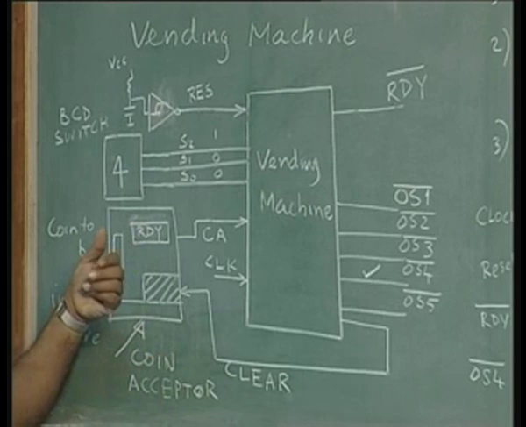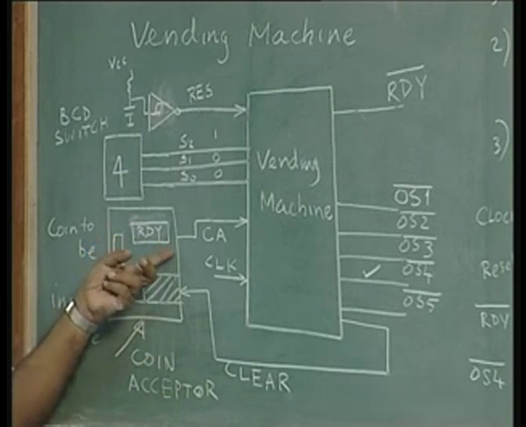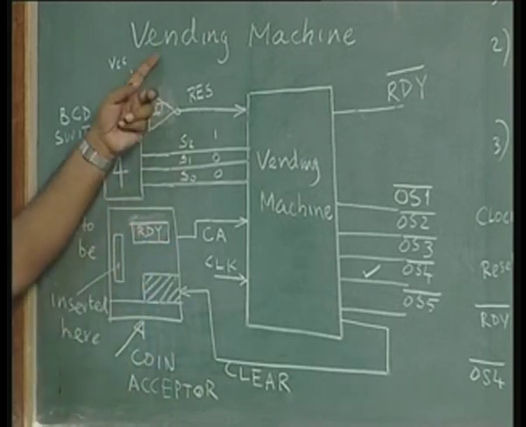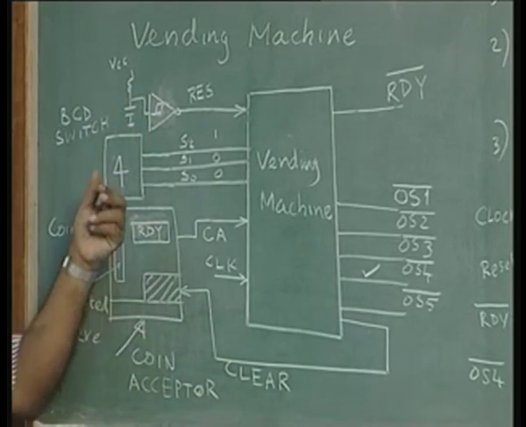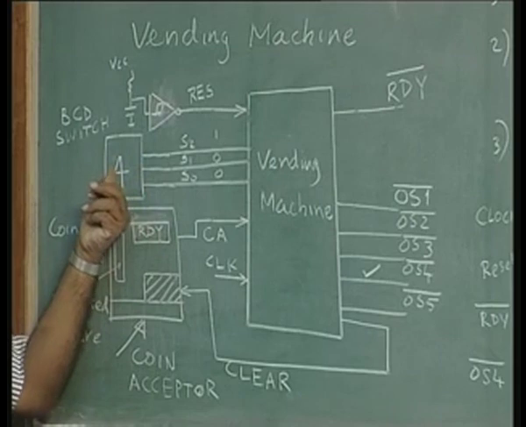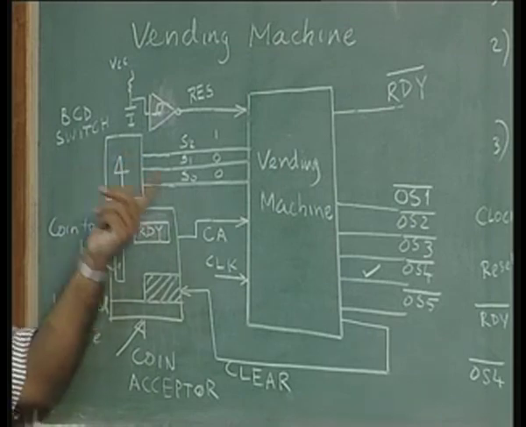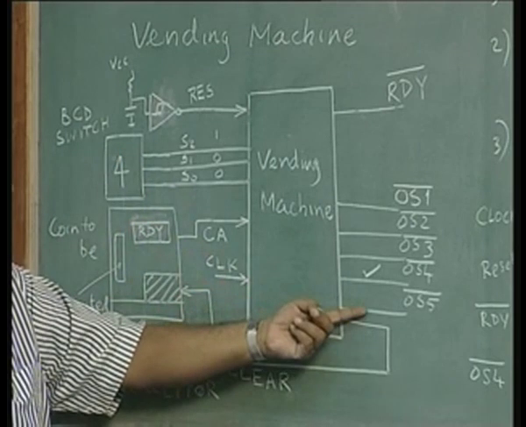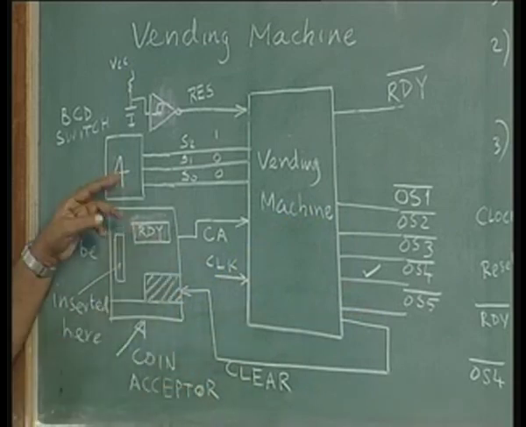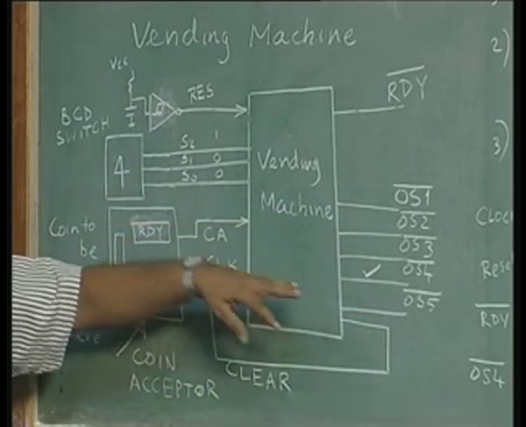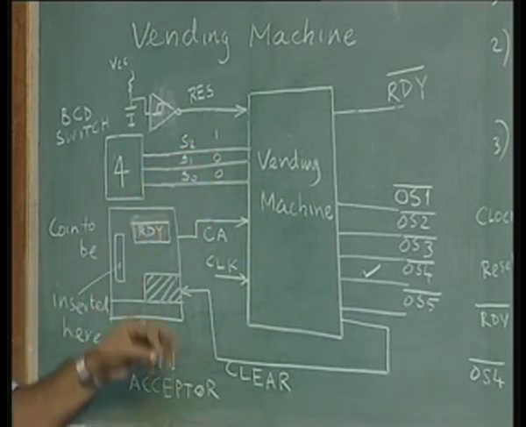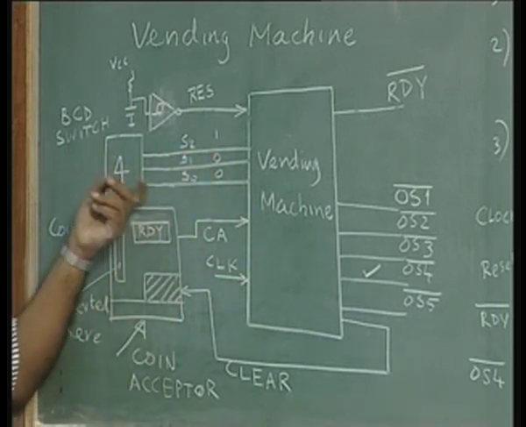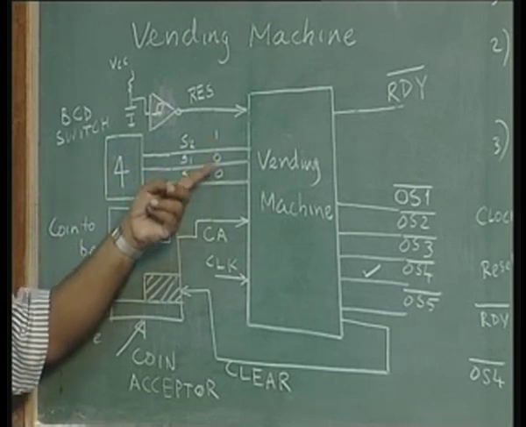There are a couple of minor points I would like to make on the original specifications of the vending machine. Earlier I said that you set the BCD number corresponding to the selection that you want. Actually, since we have 3 bits S0, S1, S2, when all of them are 0, the first selection is made.